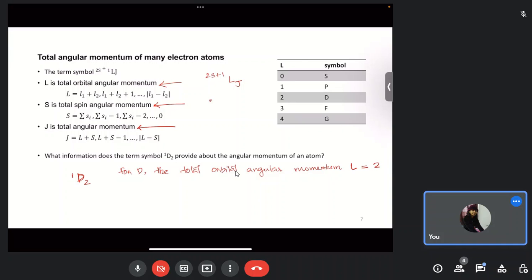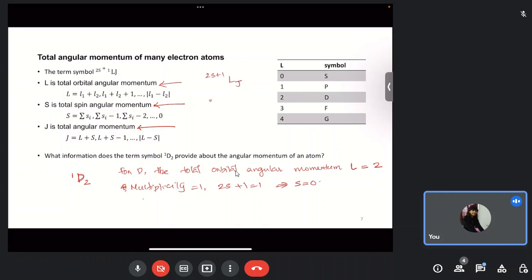Since the multiplicity is equal to 1, we can say that 2S plus 1 is 1, which implies S is equal to 0.